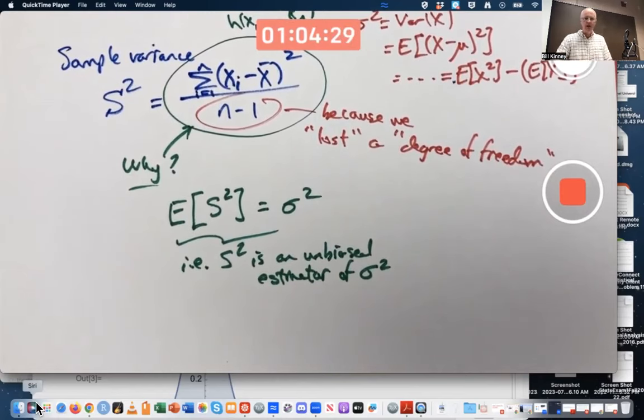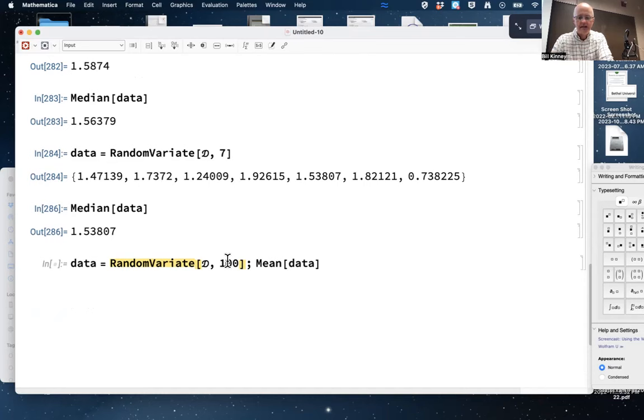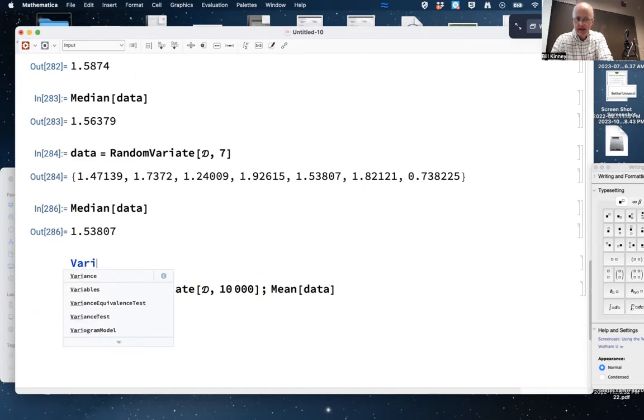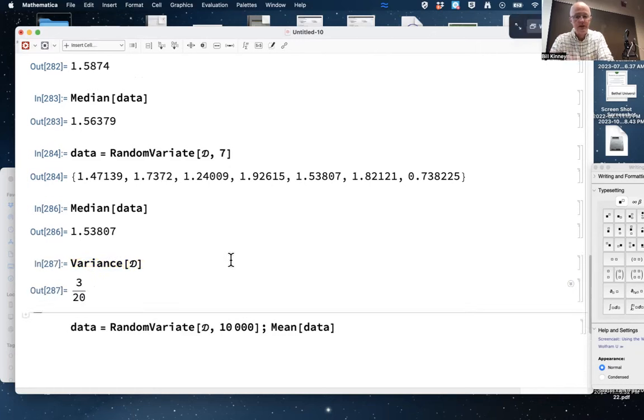Let's think about it intuitively, though. If we go back to our simulation, do our data, say a large data set, well, we can compute the variance of the distribution, use the cursive D. That was the 3/20ths, which is 0.15.